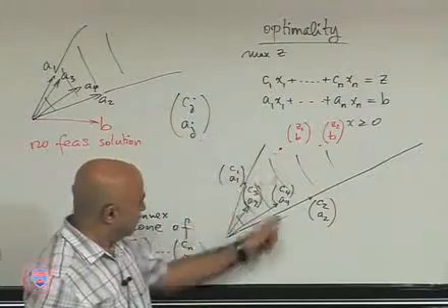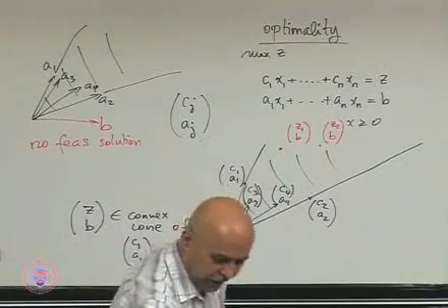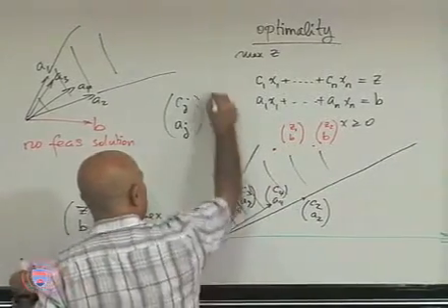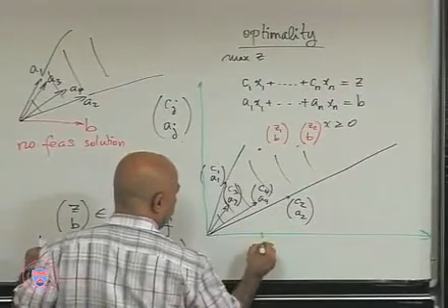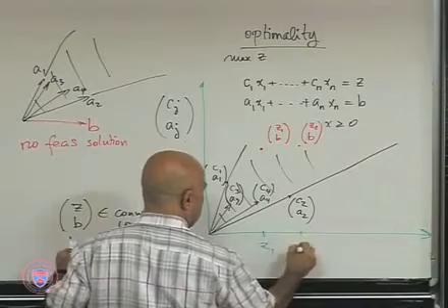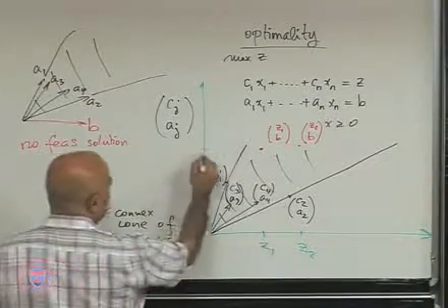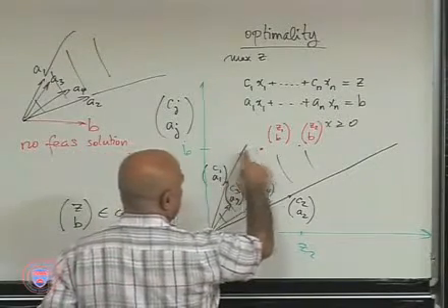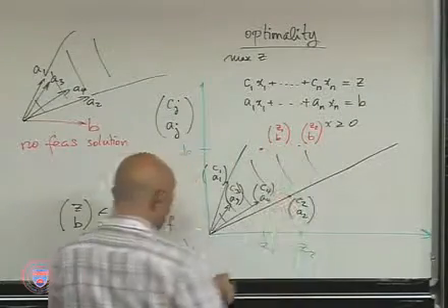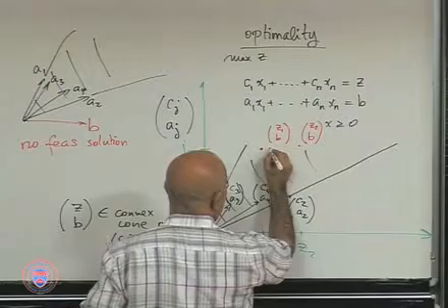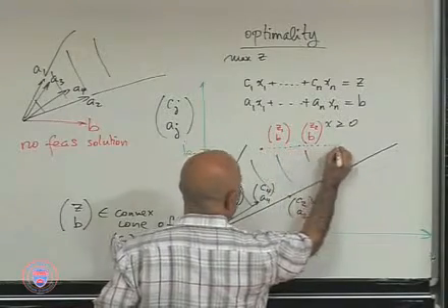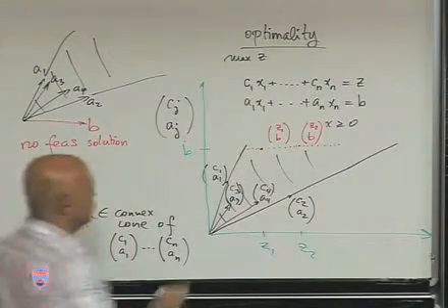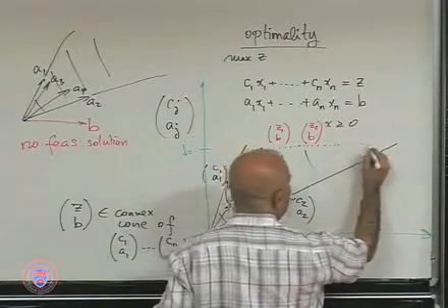Because the Z1 value is here, the Z2 value is here, and this is the B value. B is just a number in this case. So when you start playing with Z, you're generating all these points, all at the same height, all at the same B value.